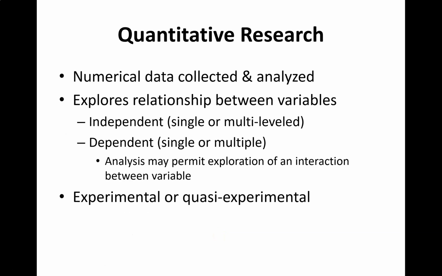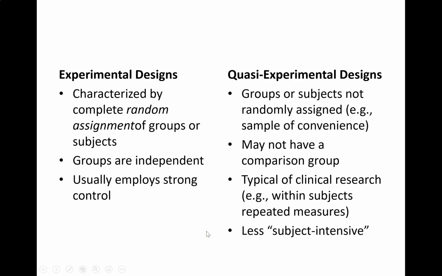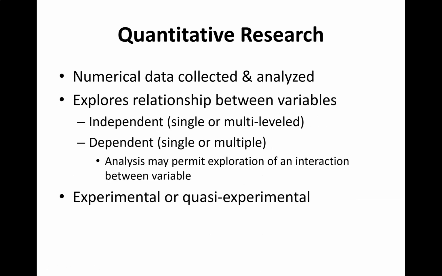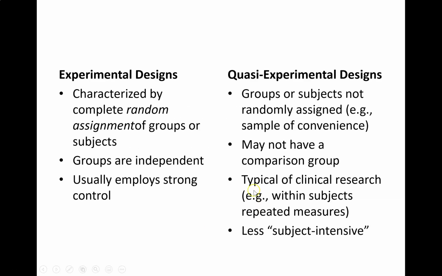We are dealing more with the quantitative, where we collect numerical data and analyze it. We explore the relationship between variables, the independent and dependent variable, and we analyze what will happen to this dependent variable if we change the behavior of the independent variable. It is normally in terms of experimental or quasi-experimental. So what's the difference between experimental and quasi-experimental?